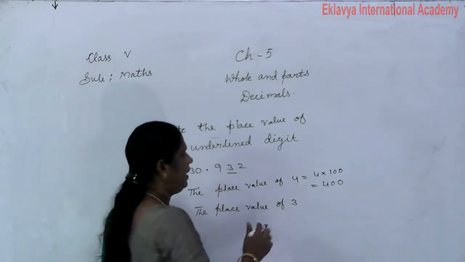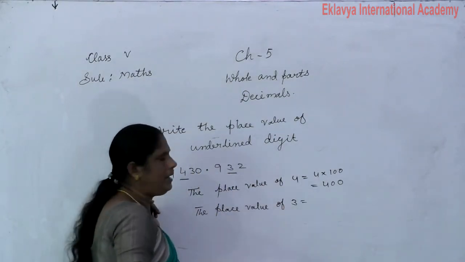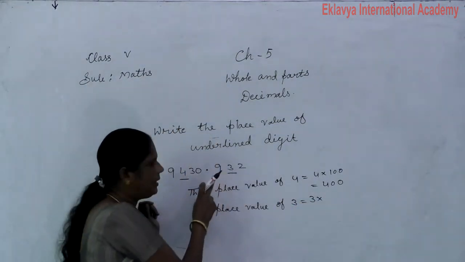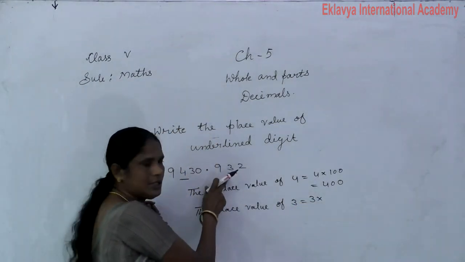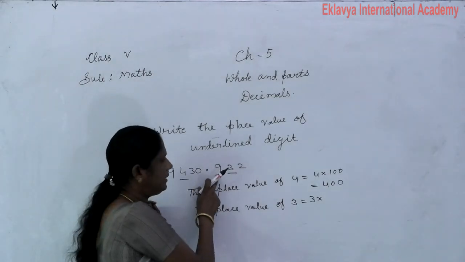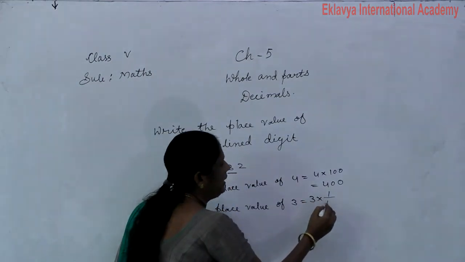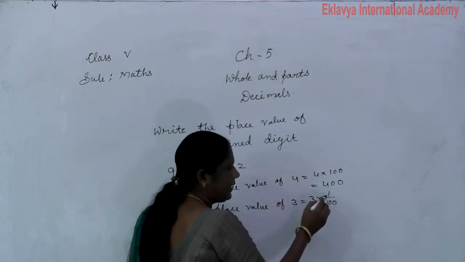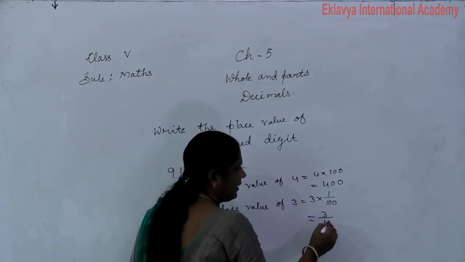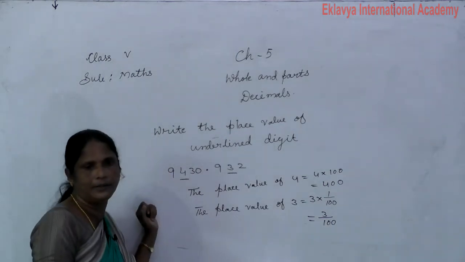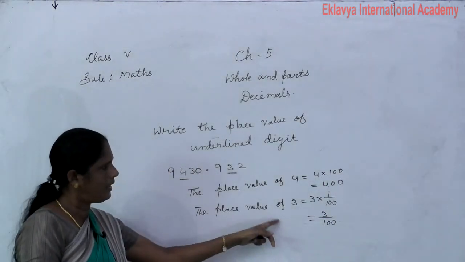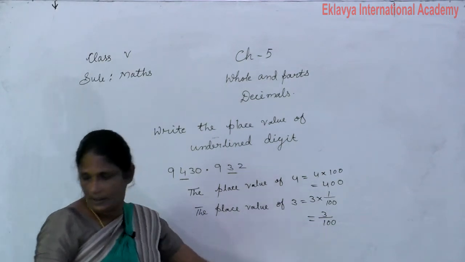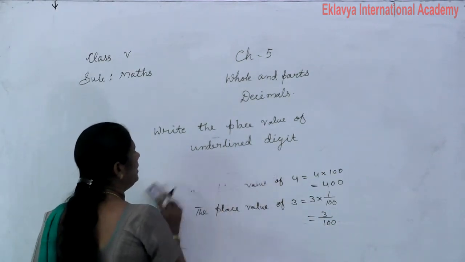Now we write the place value of 3 is 3 multiplied by, which place is 3 sitting in? 10th, 100th, there is no ones place here. 1 by 100, so 3 times 1 by 100 is 3 by 100. What is the place value of this 3? 300th. Now, one more example.